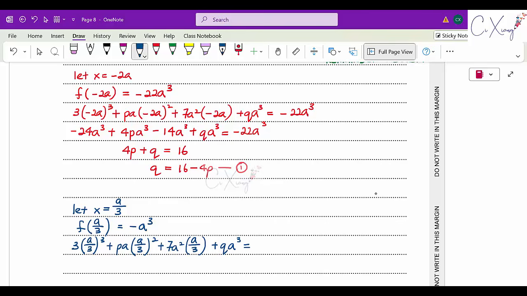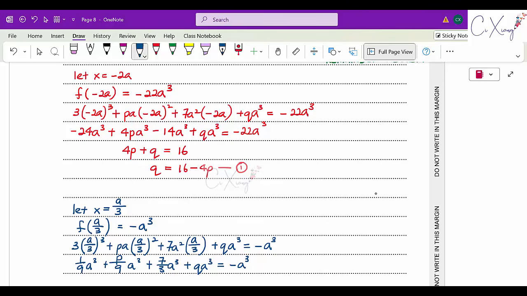And it's also negative a power 3. So let's simplify all this and see what we get. I will be having 1 over 9 a cubed, then this one will be p over 9 a cubed, then 7 over 3 a cubed also, and also q a cubed equals negative 1 a cubed.